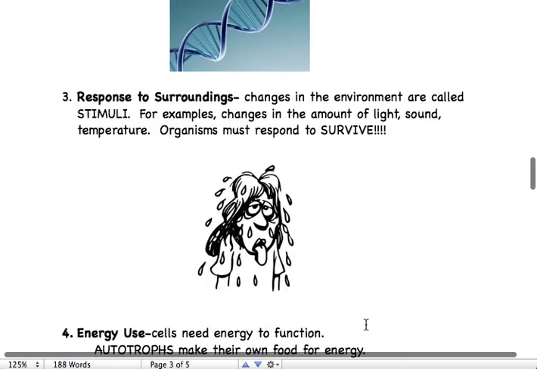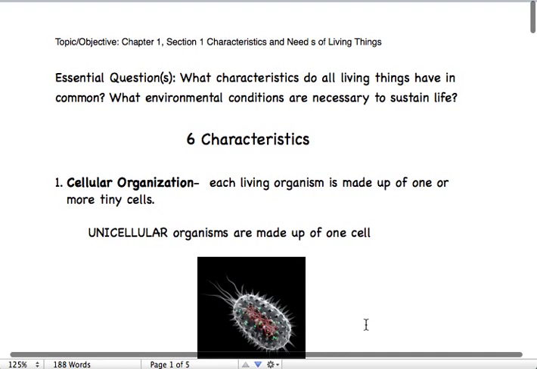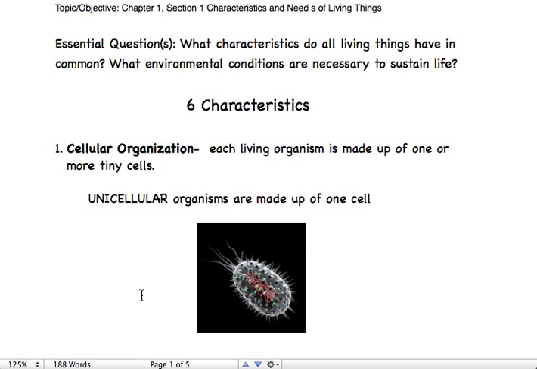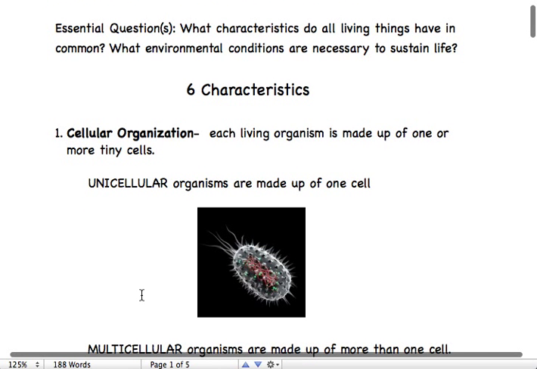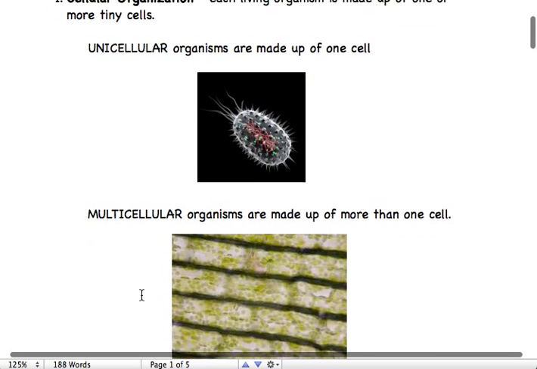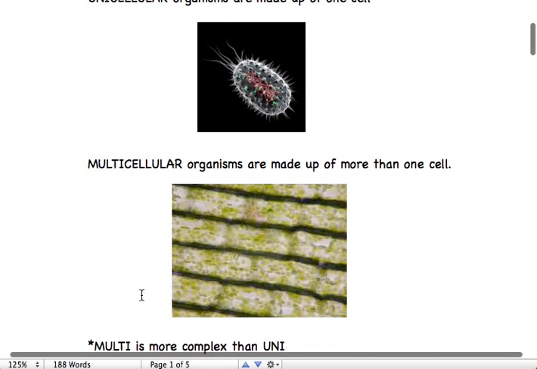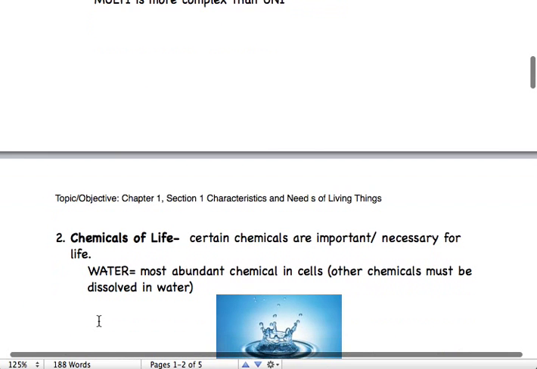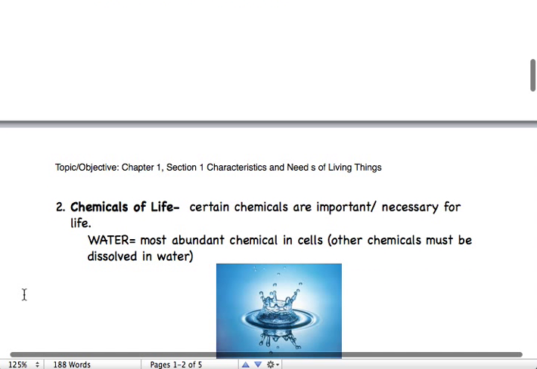Okay, so those are our 6 characteristics of living things. Let's review. Here we go. I'm not making you too dizzy. So 6 characteristics. There's cellular organization. Each living organism is made up of one or more tiny cells. Unicellular organisms are made up of one cell. Multicellular organisms are made up of more than one cell. Remember, multi is more complex than uni. Number 2, chemicals of life. Certain chemicals are necessary for life.